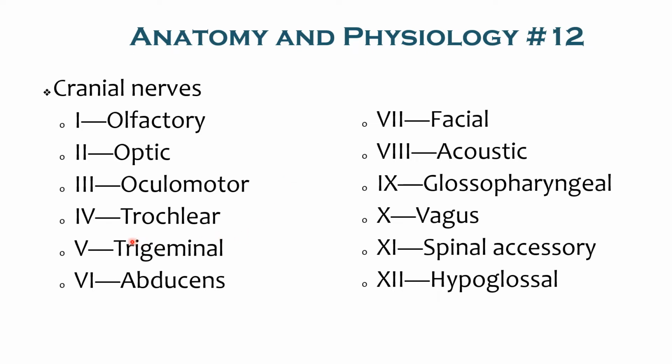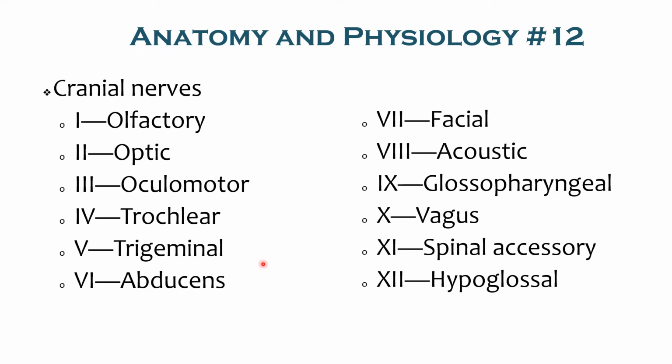And the cranial nerve number 4, or the trochlear, it is responsible for downward internal rotation of the eye. So its type of impulse is sensory. And then cranial nerve number 5, or known as the trigeminal. So its type of impulse is for motor and sensory, actually for both, no?